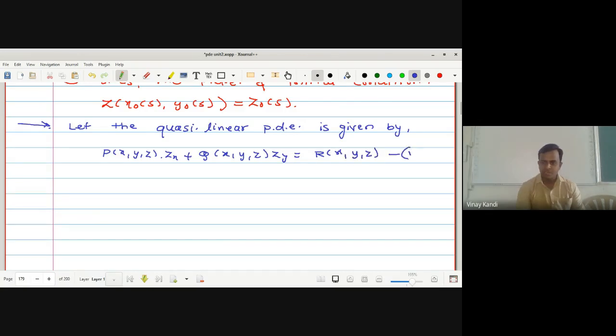Give it as equation number 1, where capital P, capital Q, and capital R, these are all given to us, are having continuous partial derivatives and do not vanish simultaneously.